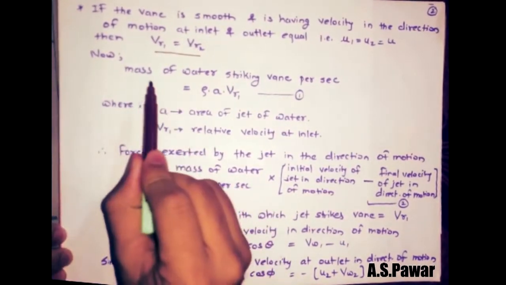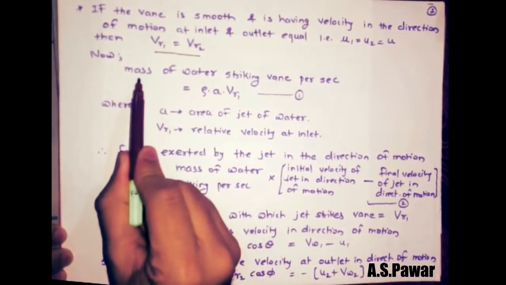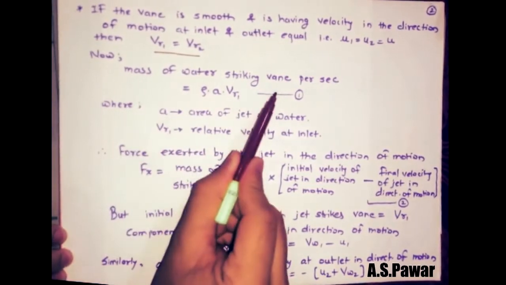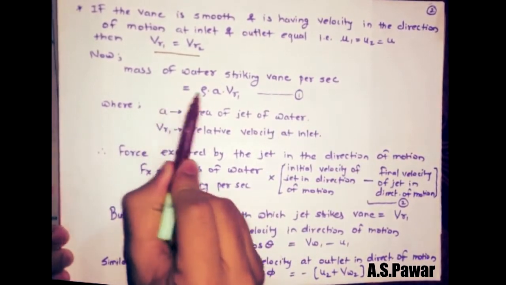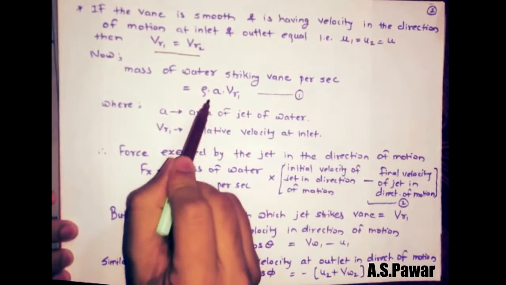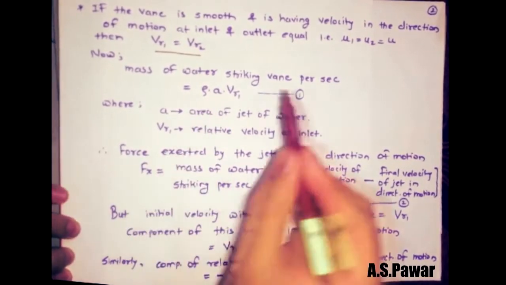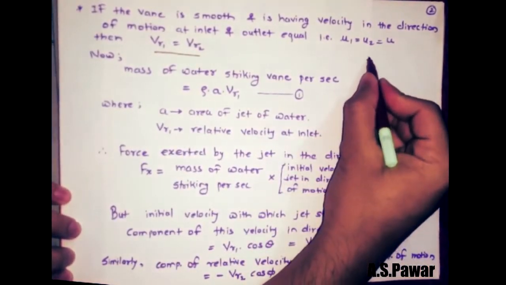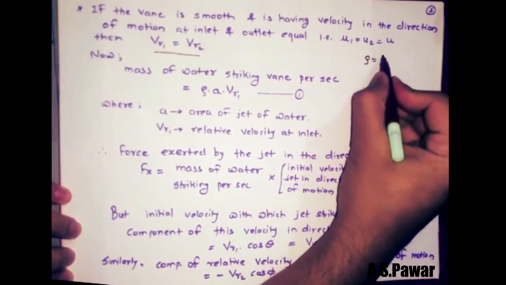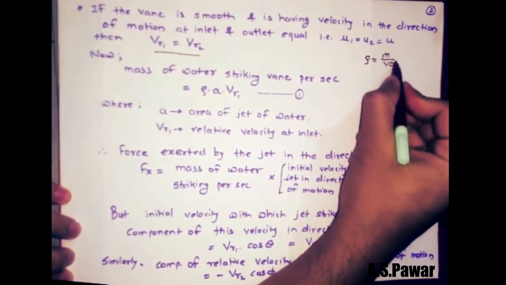Next, to find the work done, I will need the mass of water striking the vane per second. It will be equal to rho a into vr1. Where has this come from? We know that the density of water is equal to mass divided by volume.